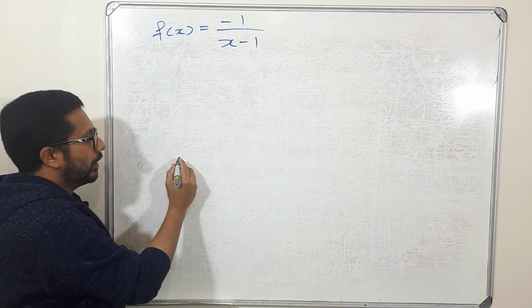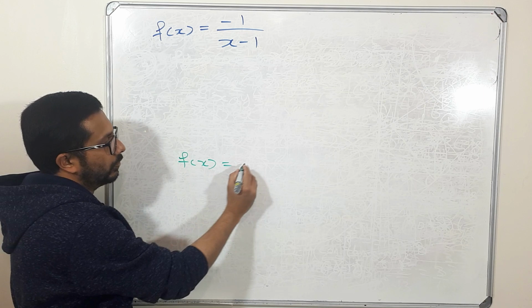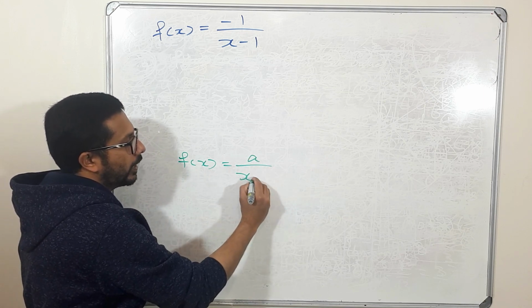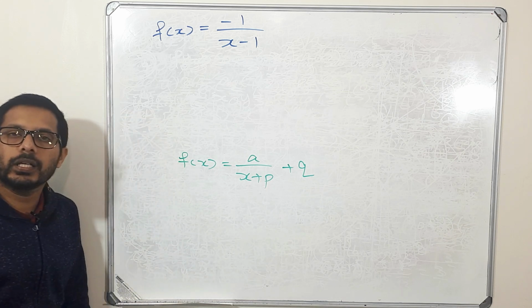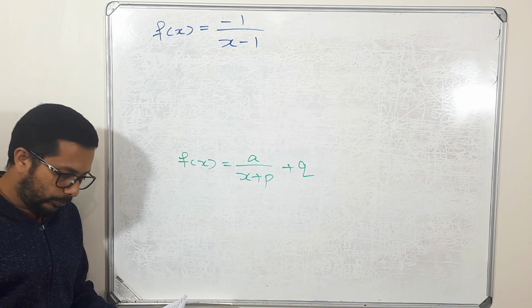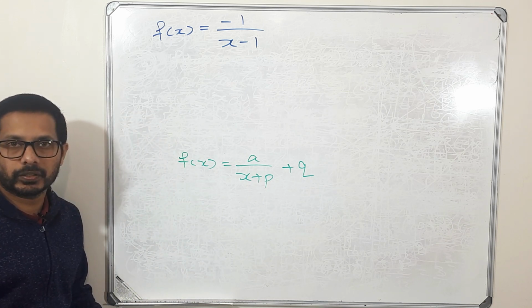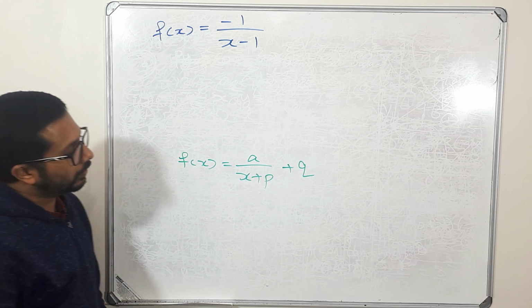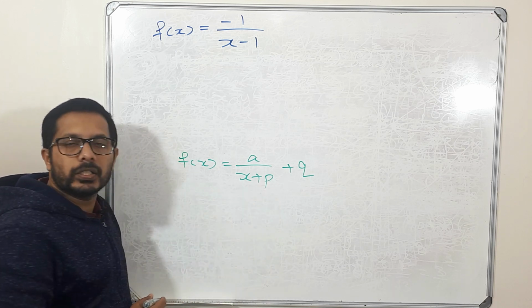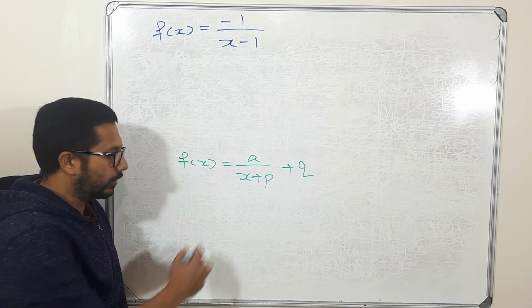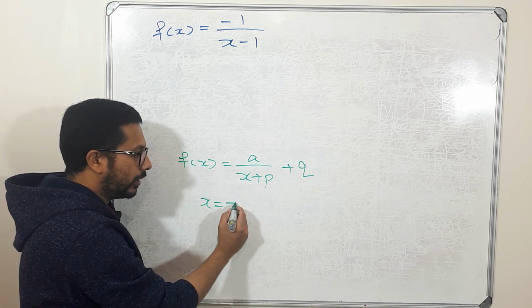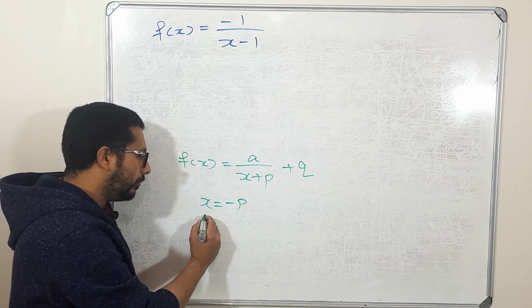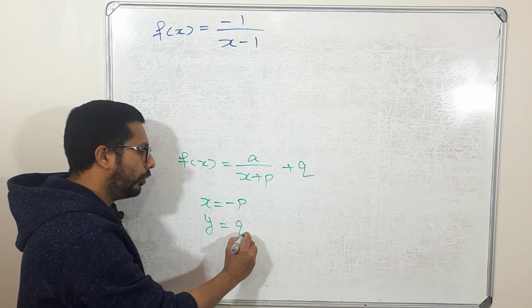f of x is equal to a divided by x plus b plus q. This is the general form of a hyperbolic function. So what are the equations of the asymptotes? x is equal to minus b, and y is equal to q.